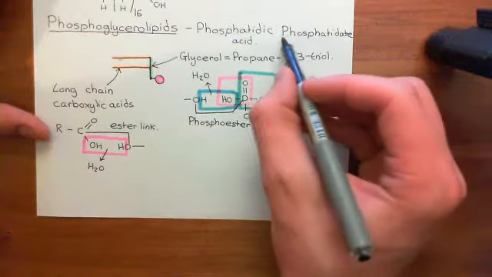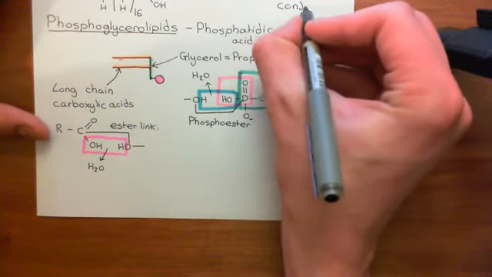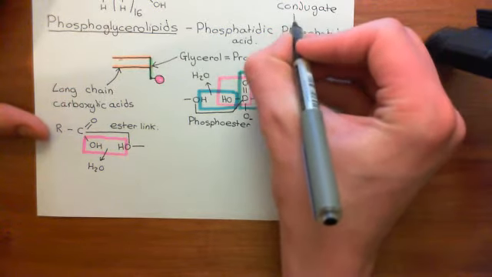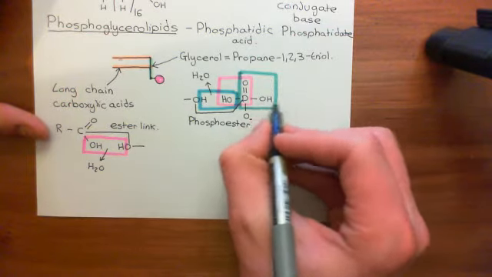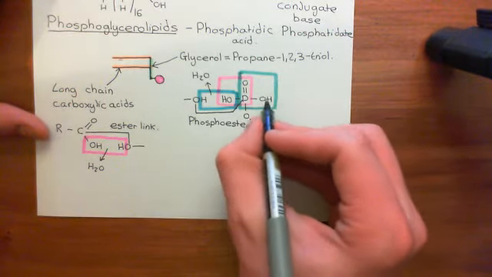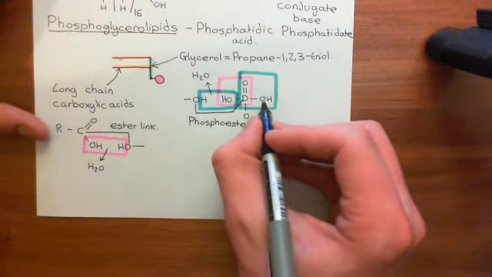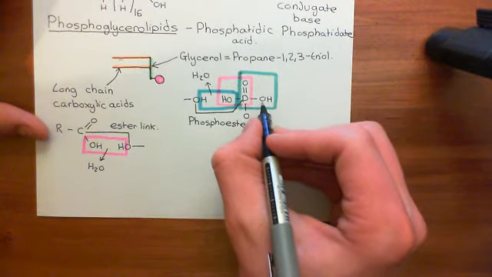Okay, phosphatidate is the conjugate base of phosphatidic acid. So let me just remind you of what a conjugate base is. Basically, once an acid molecule donates its proton away, use the example of phosphatidic acid, it is then left with a negative charge. For instance, the oxygen here will have a negative charge. The molecule that you have left is no longer an acid because it cannot donate a proton into solution.